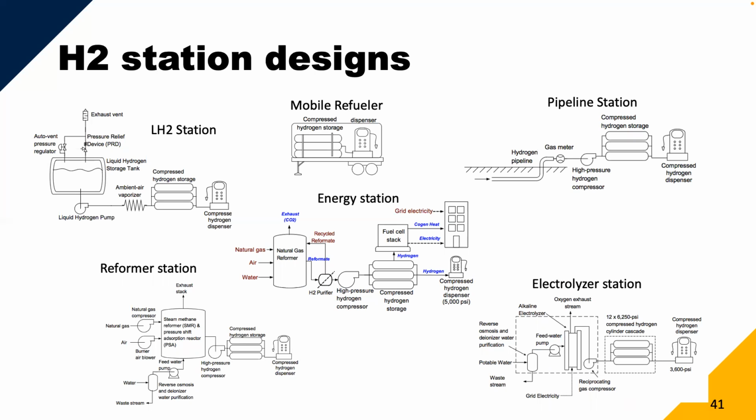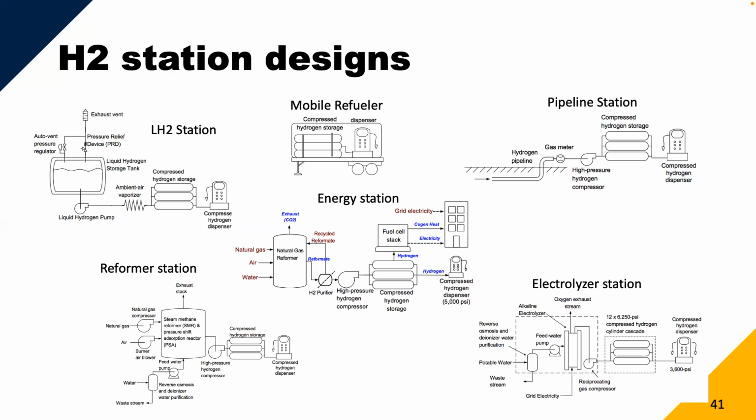You could have a totally different thing, a reformer station, where you are getting natural gas and air, and you are going through this steam methane reformation, SMR, process to produce hydrogen that you can then dispense. Really different ways of going about it. And then you could have a pipeline station, so a centralized process gets piped into the station.